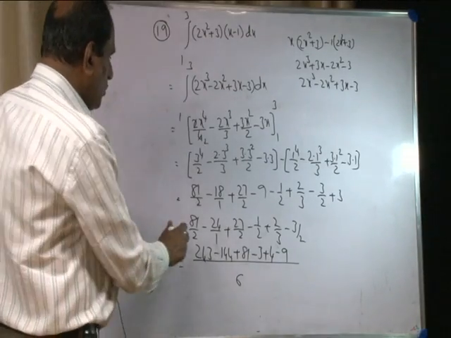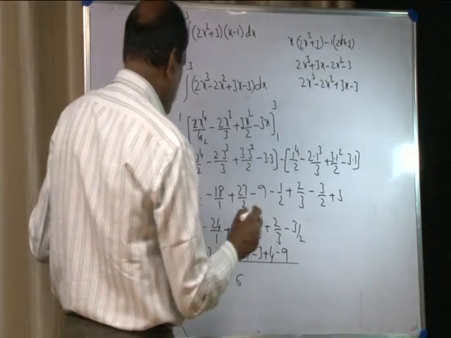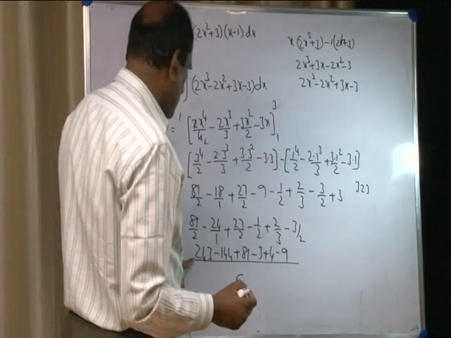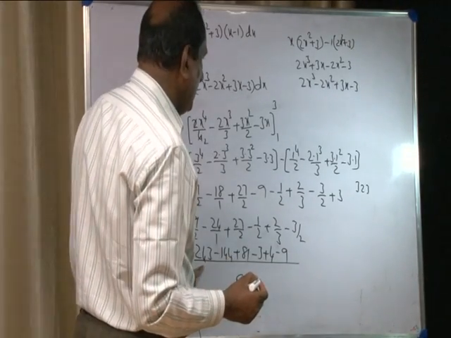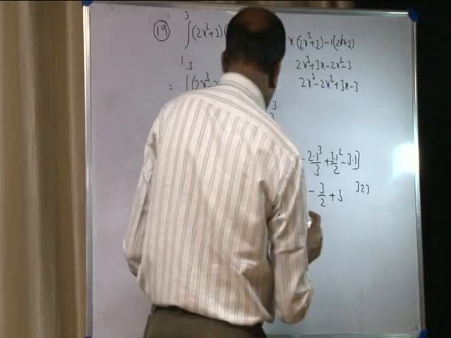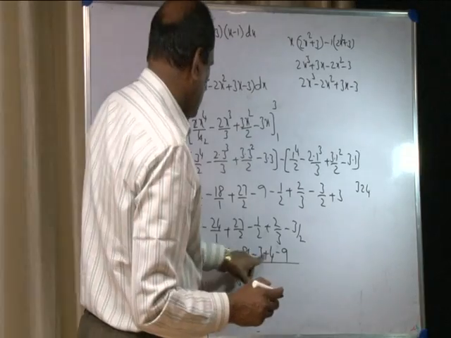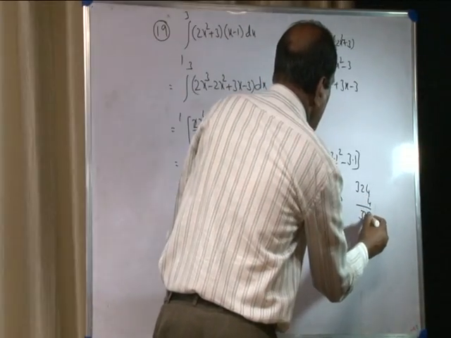See here, 243 plus 81 is 324, plus 4, so 328.